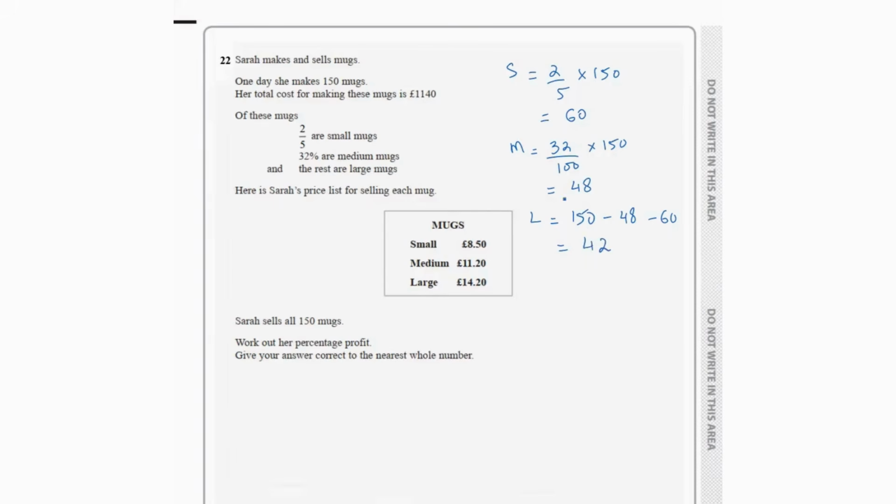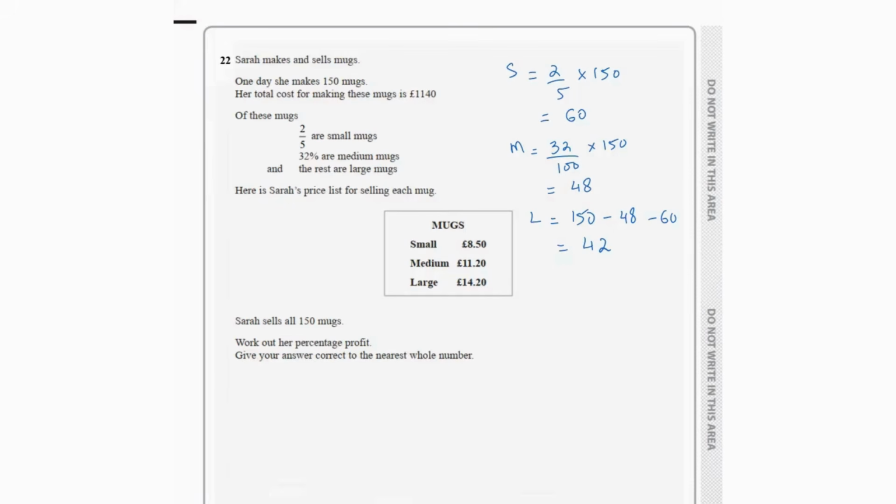So small, medium, and large. Now they're saying that her total cost for making these mugs is 1,140. For the small mugs, she's selling them for 8.50, medium for 11.20, and large for 14.20. So we can find the individual earnings that she gets from small, medium, and large mugs. Then we can add them up.